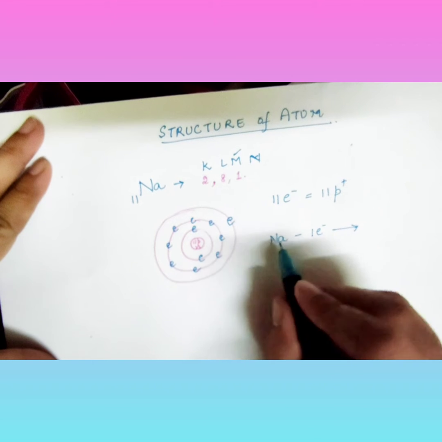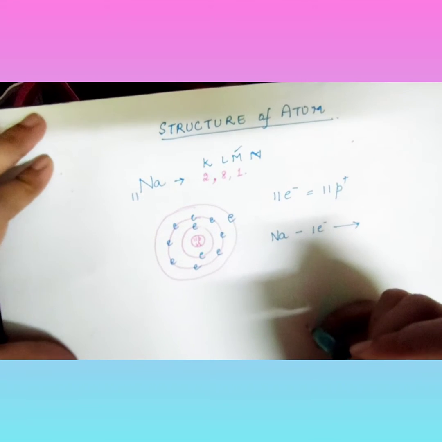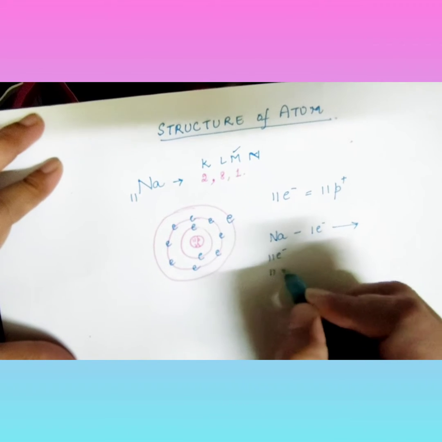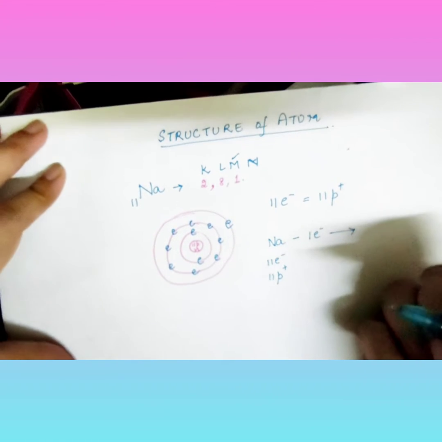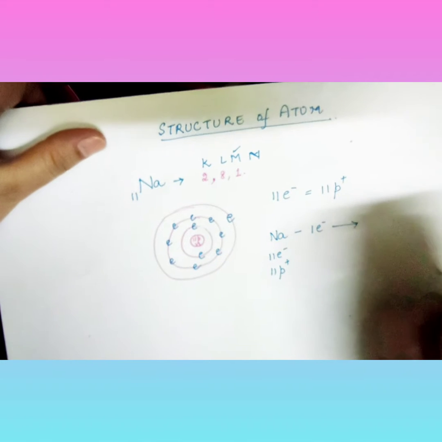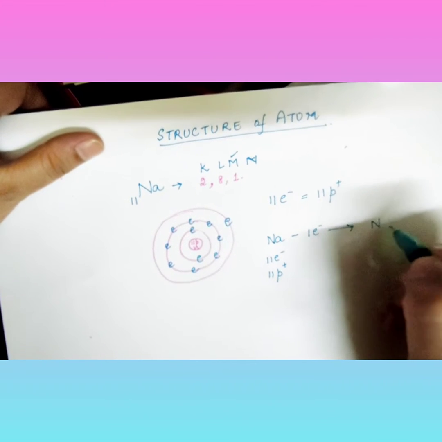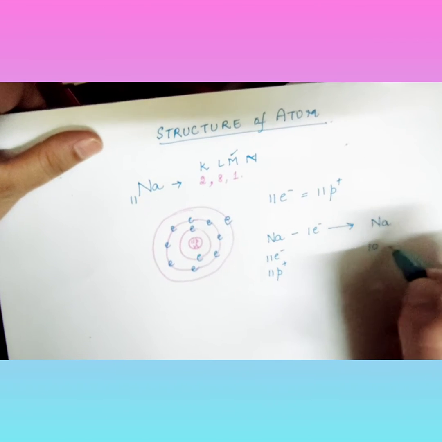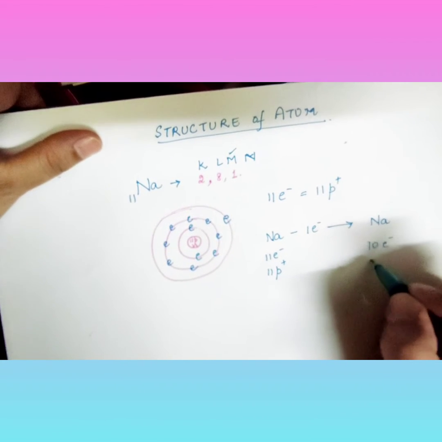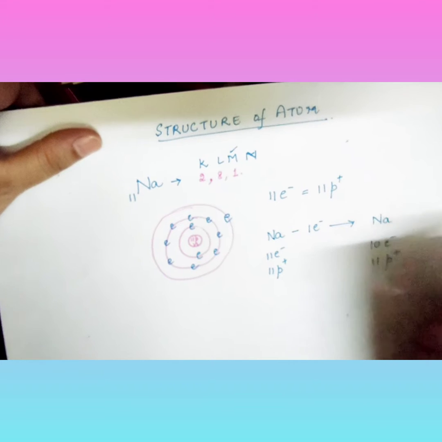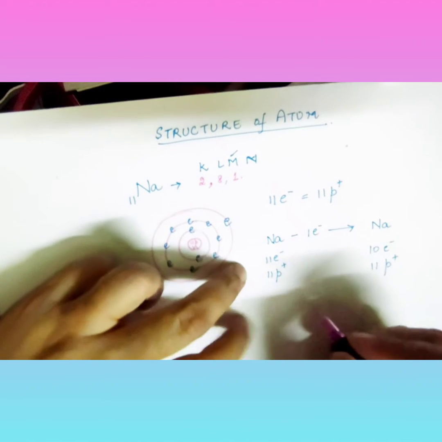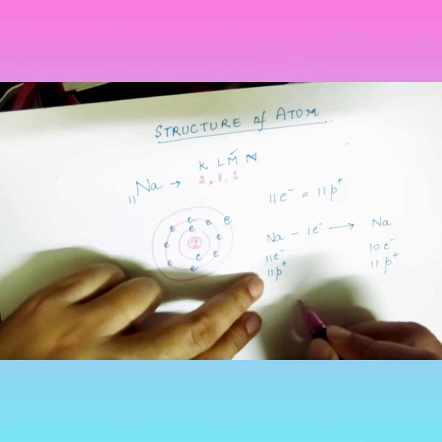When it was in its atomic state, it was having 11 electrons and 11 protons. Now when it loses 1 electron, so in that case let's check how much charge will be left. Now it is left with 10 electrons and 11 protons. So to find out the net charge on it, let's just do the simple mathematics.